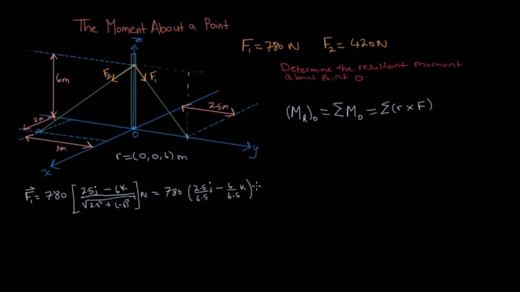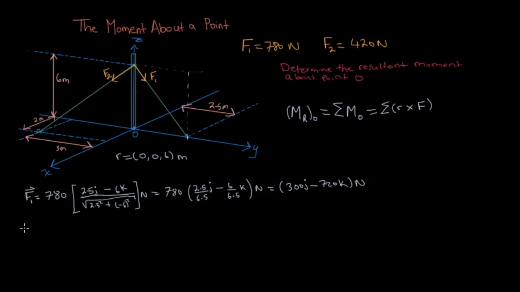When we multiply that out, we multiply 780 by 2.5 over 6.5 and we get 300 j, and we multiply 780 times 6 divided by 6.5 and we get negative 720 k. And this will be in newtons. So this is the force vector for F1.